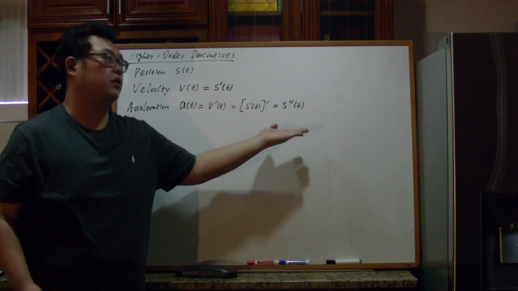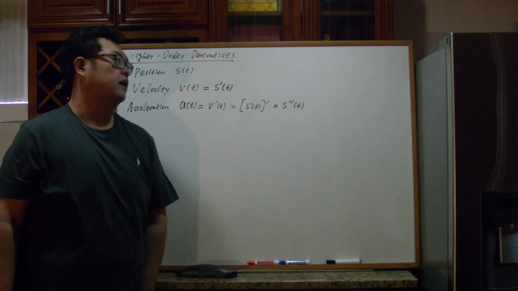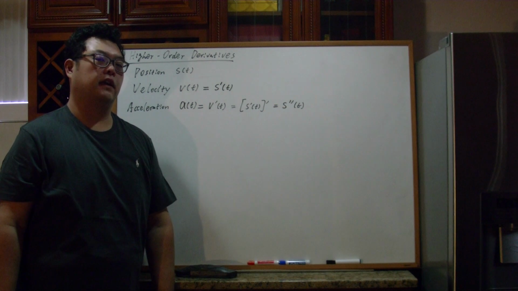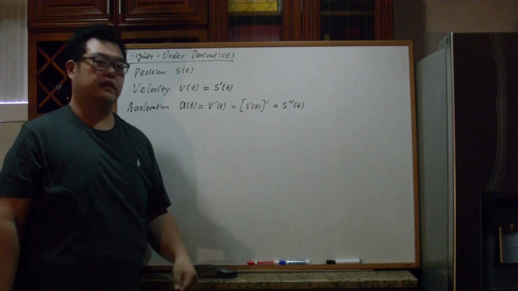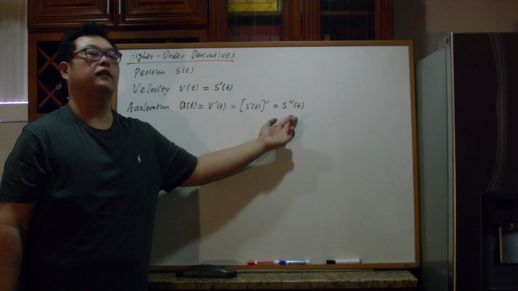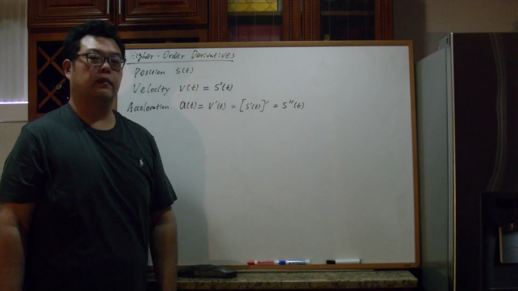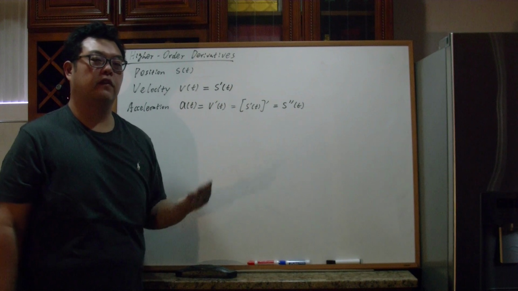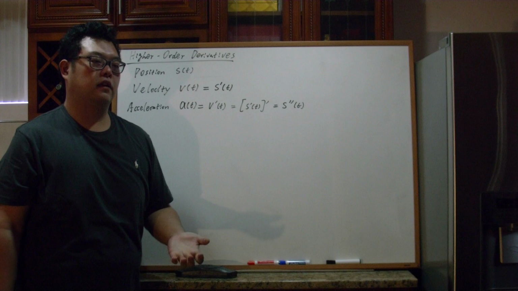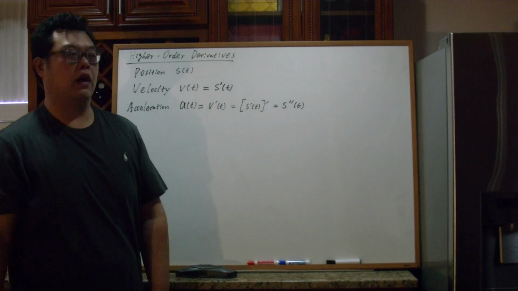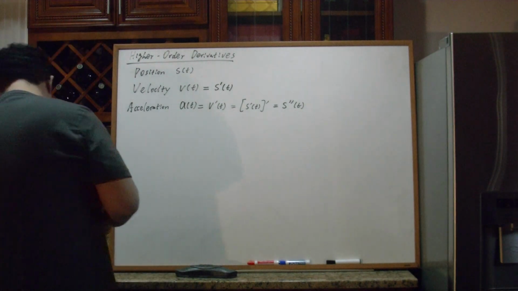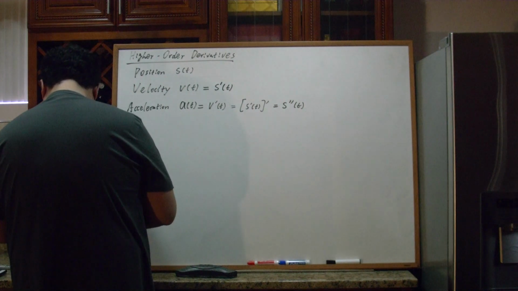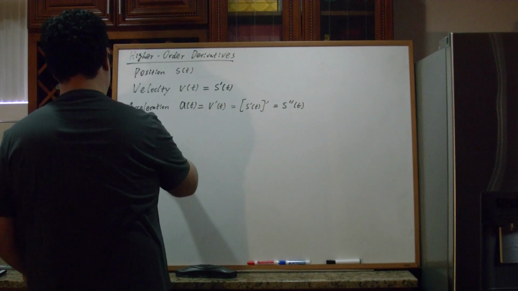any higher order derivative, such as the derivative of the derivative of position, we call the second derivative of the position, or it could be higher: third derivative, fourth derivative, fifth derivative, and so on. How do we write it?